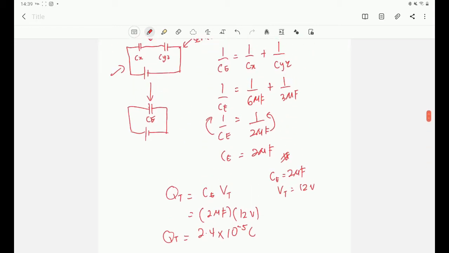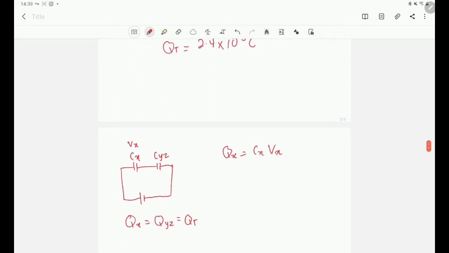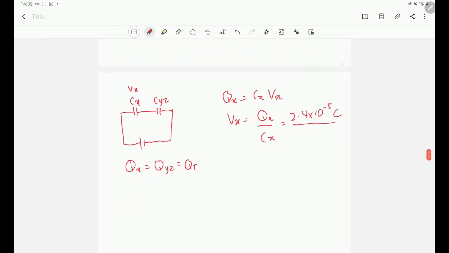So we know Cx is 6 microfarad. So we can find the Vx. So Qx divided by Cx. So Qx is 2.4, which is the same as the Q total, times 10 to the power negative 5 coulomb divided by Cx. Cx is 6 microfarad. So we can get Vx is equals to 4 volt.